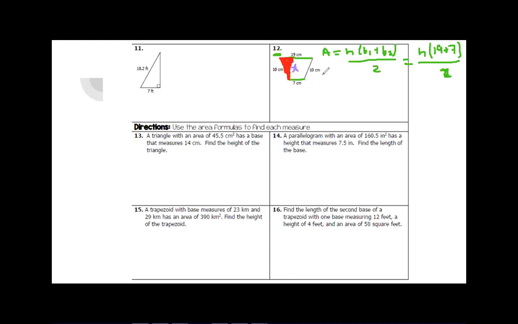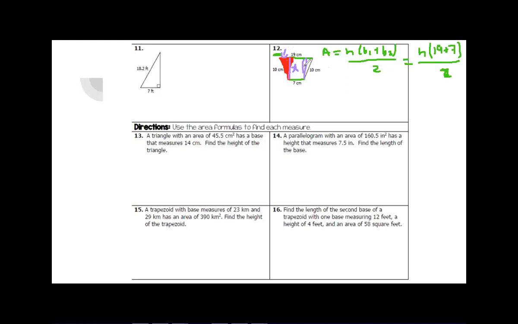Now, how do we do this in a fashion that gives me this leg? Well, it would just depend on the picture. In this case, I only have this piece that's 7.